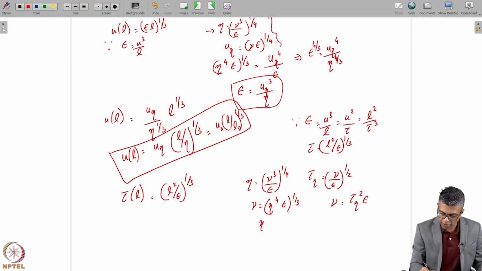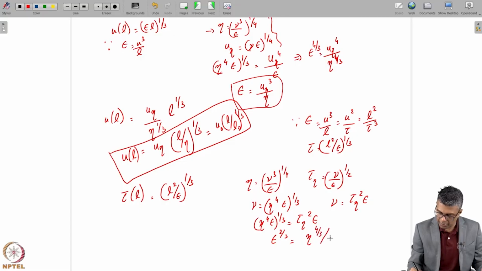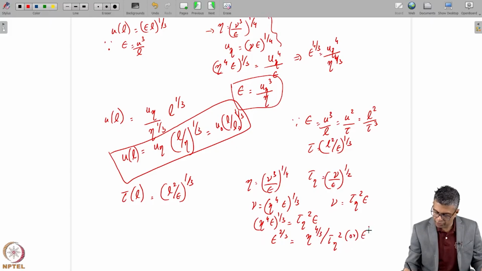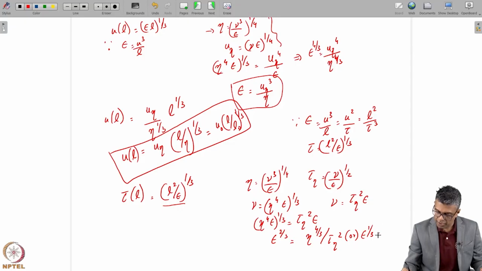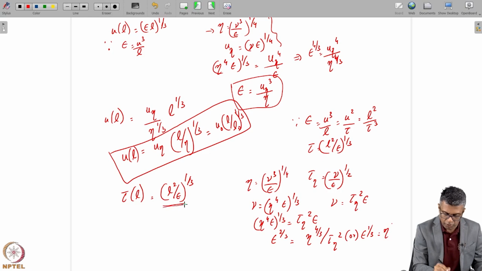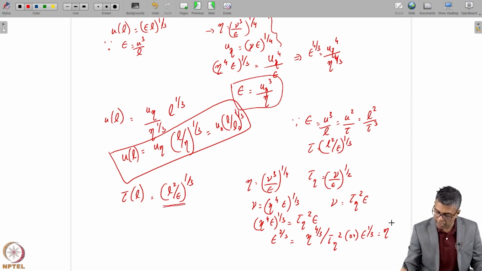So eta to the 4 epsilon to the 1/3 is equal to tau eta squared epsilon, which means eta to the 2/3, isn't it, is equal to eta to the 4/3 divided by tau eta squared, or eta to the 1/3. I'm going to leave it like that because I have epsilon to the 1/3 here. Epsilon to the 1/3 is eta to the 2/3 divided by tau eta.